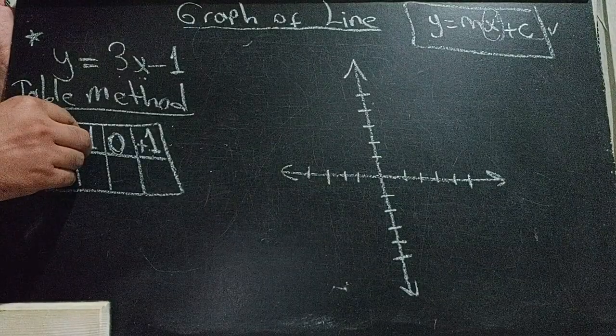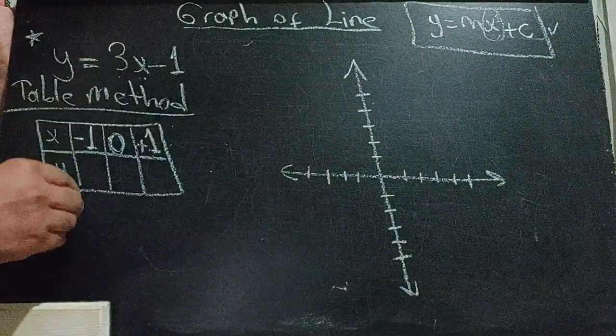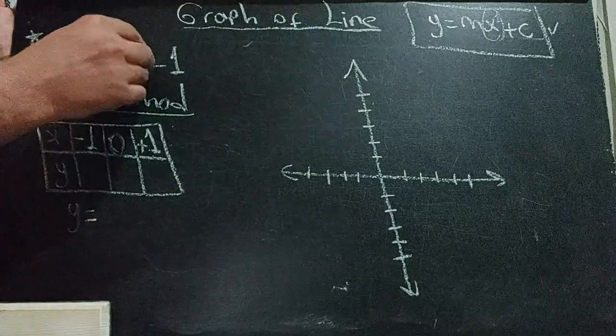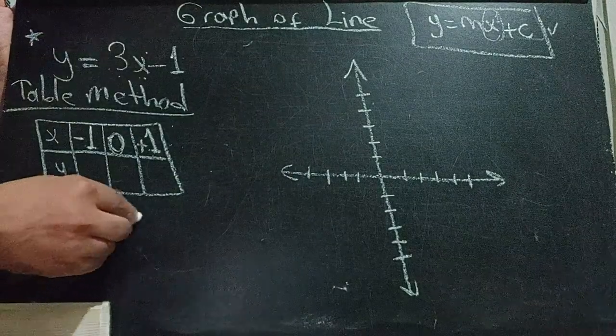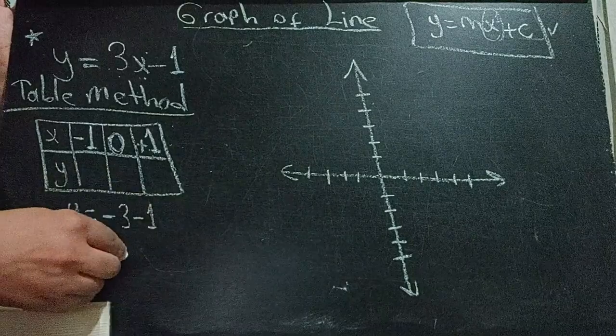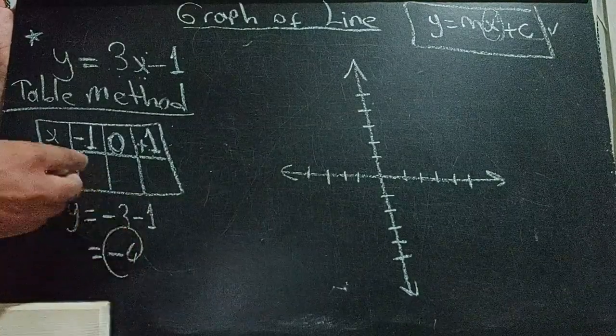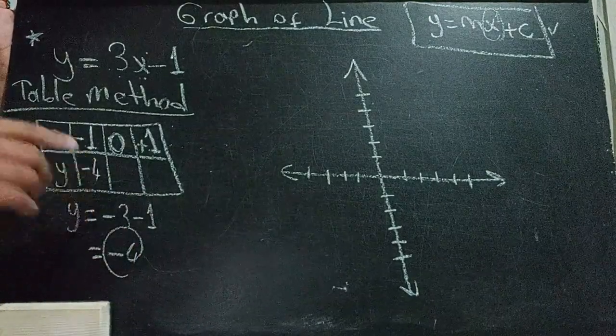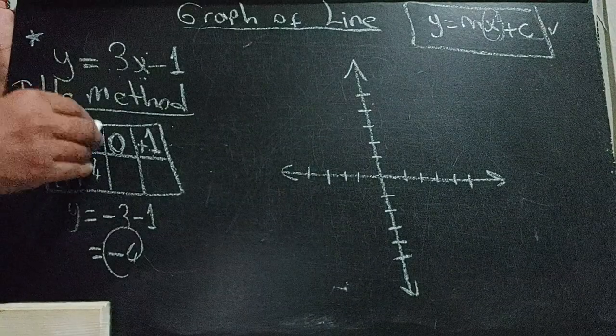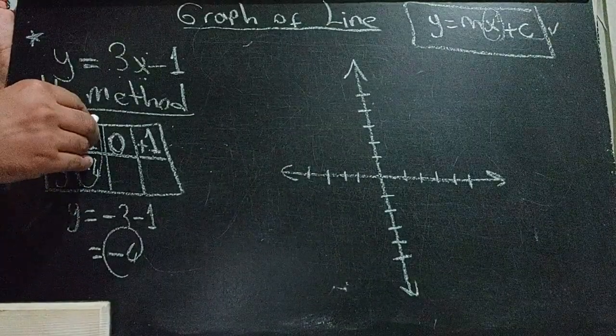when you give x -1, that will be y equals 3 times -1, which is -3, minus 1. From there, y is going to be -4. So my first point is -1, -4.